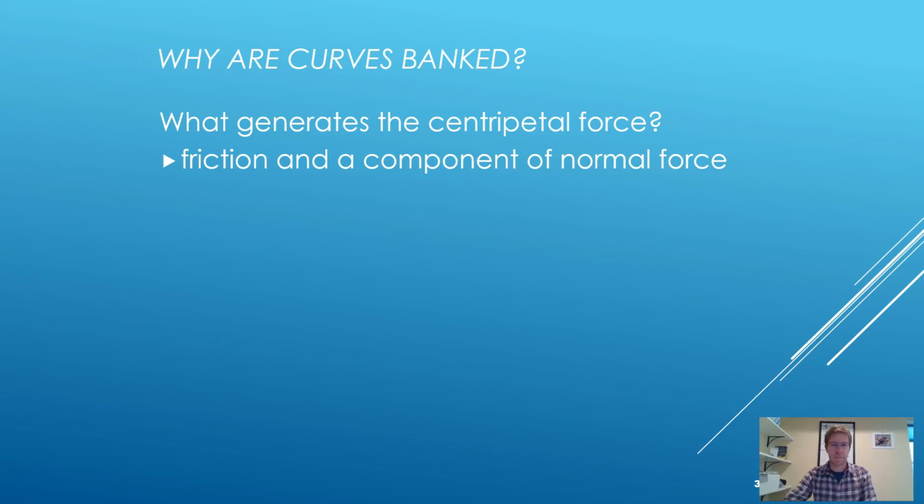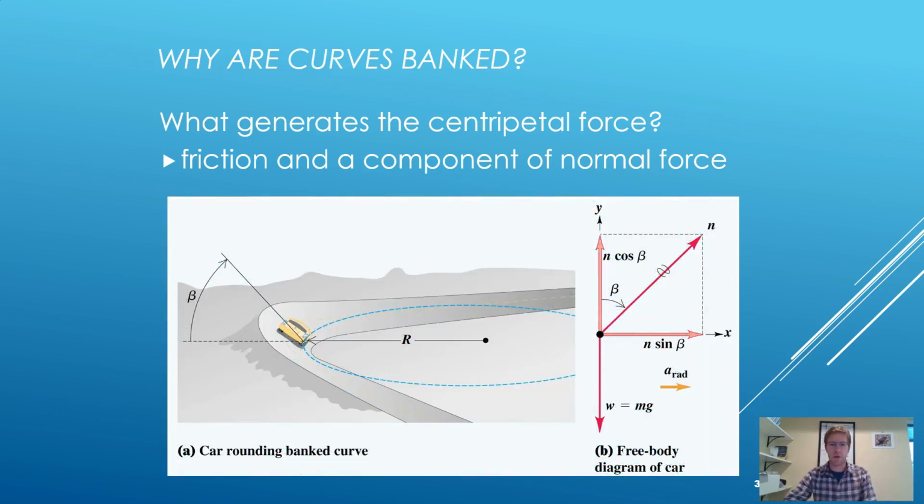Well, the answer, you guessed it, is not only friction, that's still part of the story, but also now when you have a banked curve, your normal force is going to be perpendicular to the road, as always, and so a component of your normal force is going to be inward towards the center of your circle.